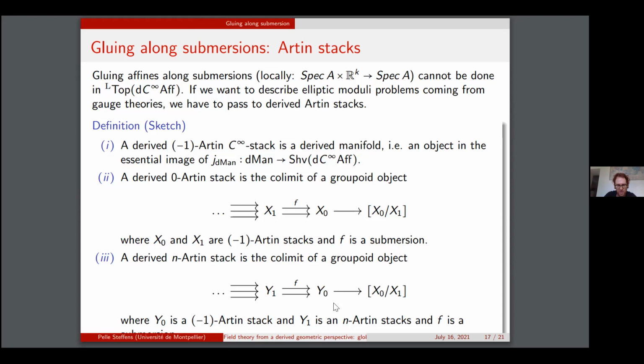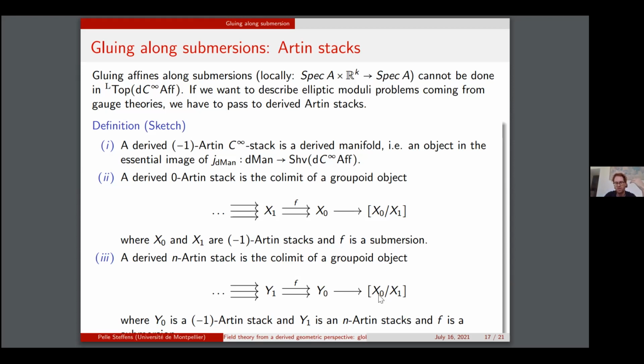But what should happen here is y naught is a -1 Artin stack. So that's just a derived manifold. And now the space of morphisms of your groupoid is an n-Artin stack defined by induction, and f is a smooth morphism. So you should think of this as y naught quotiented by y1. So how should you think of this?